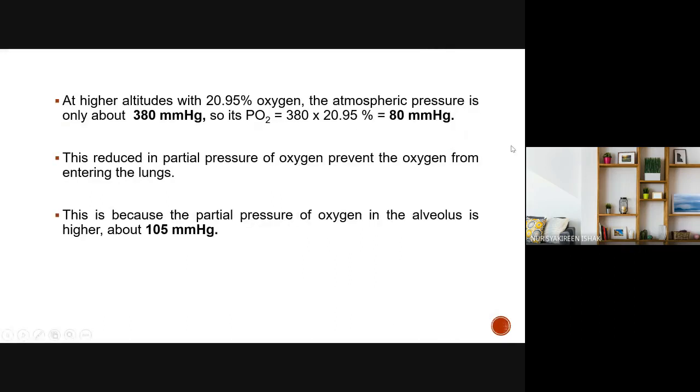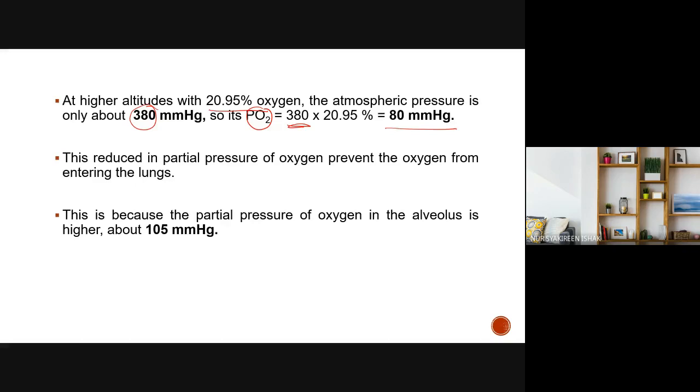Okay, but if you are at a higher altitude, awak kat atas gunung ke mendaki whatever, at higher altitudes the percentage of gas is still the same, but atmospheric pressure is different. Kalau at sea level is 760 tadi kan, tapi kalau kat tempat yang lebih tinggi is around 380. So awak kalikan je lah. So at higher altitude, dekat atas gunung ke whatever, the partial pressure of oxygen is, kalikanlah 380 times by 20.95, you get 80.